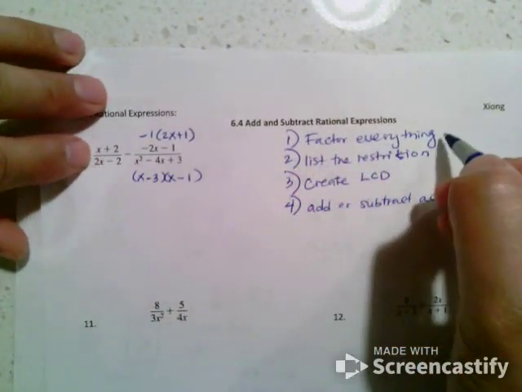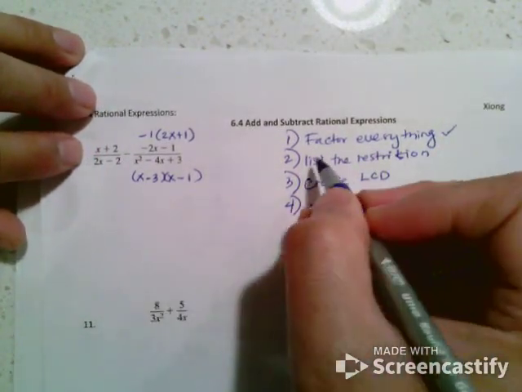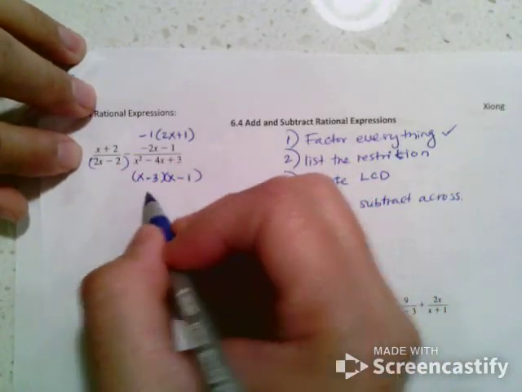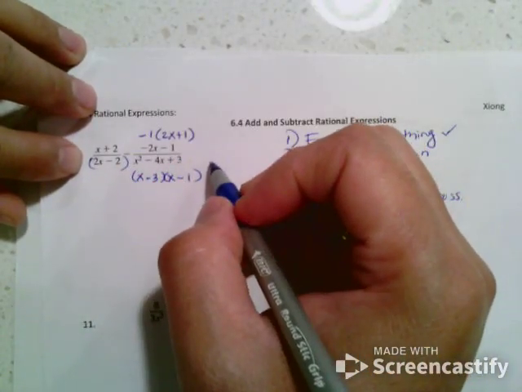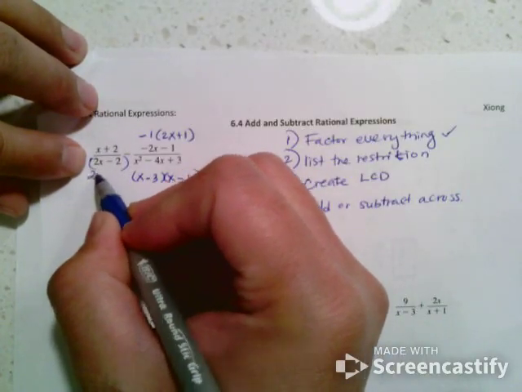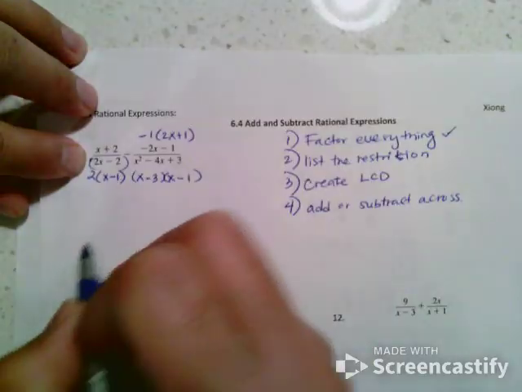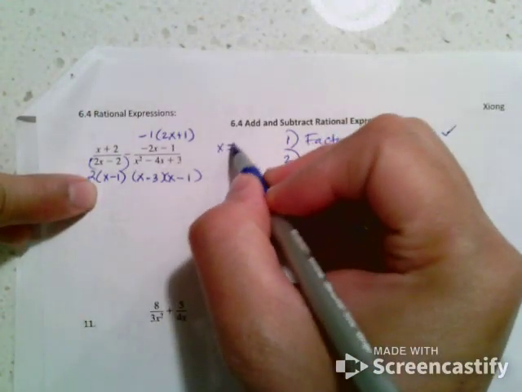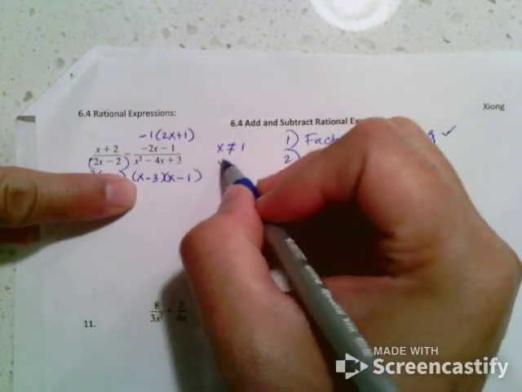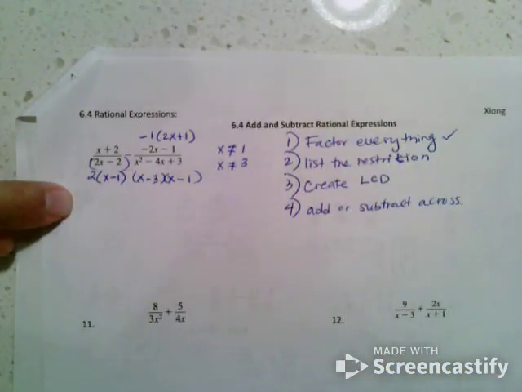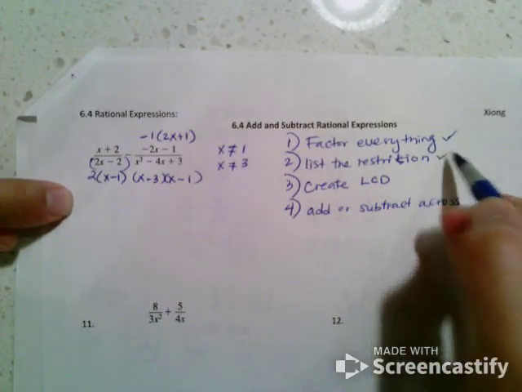Okay, so everything's factored. And then we need to list the restrictions. So the restrictions appear in the denominator. Here, this one says x cannot be 1, x cannot be 3, and x cannot be 1.